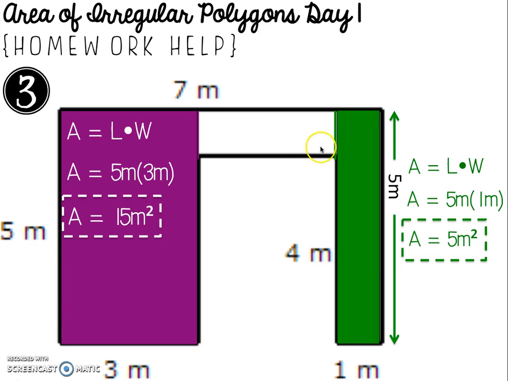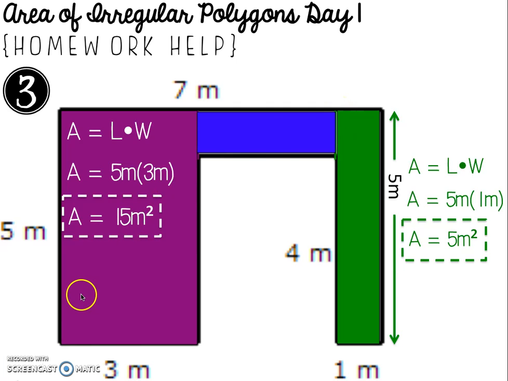Okay, so now we have this little section right here that we haven't dealt with yet. That's going to be our last piece of the puzzle. The first thing we need to figure out is, if this whole side length is 7, then what is just the blue part? We know that from here to here is 3, so it stands to reason that from here to here is 3 meters.